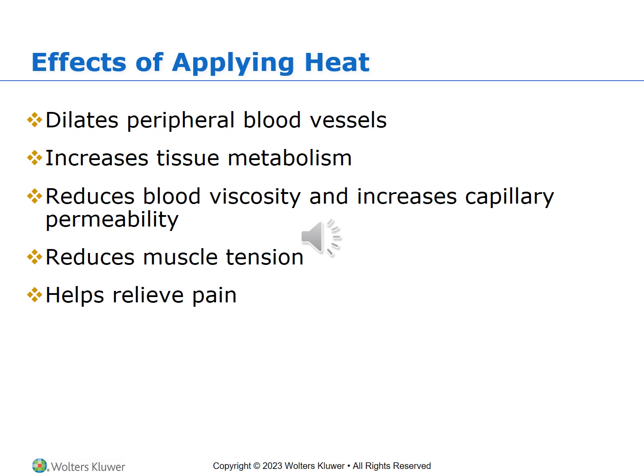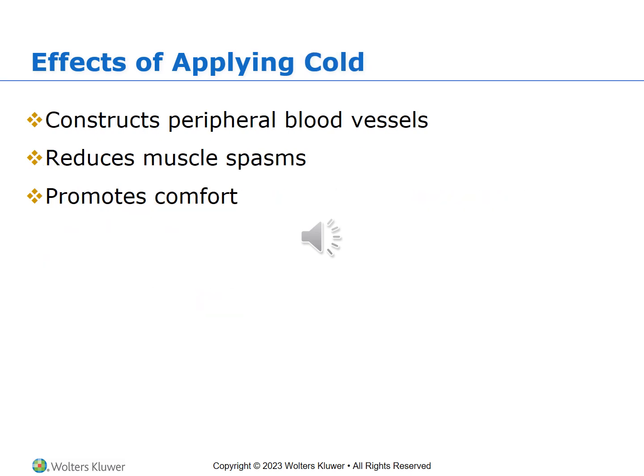It dilates the peripheral blood vessels, increases tissue metabolism, reduces blood velocity, increases capillary permeability, reduces muscle tension, and relieves pain. Effects of applying cold are also on page 1193. It constricts peripheral blood vessels, reduces spasms, and promotes comfort.